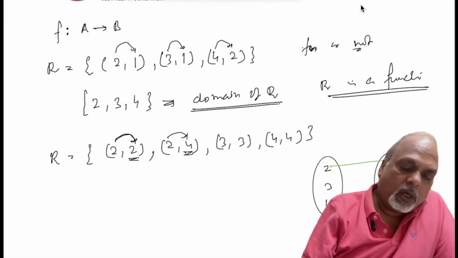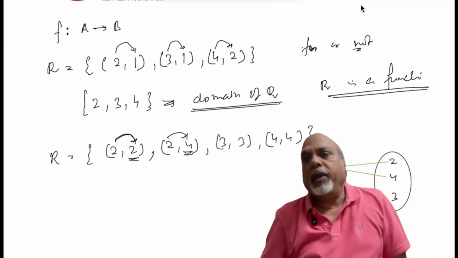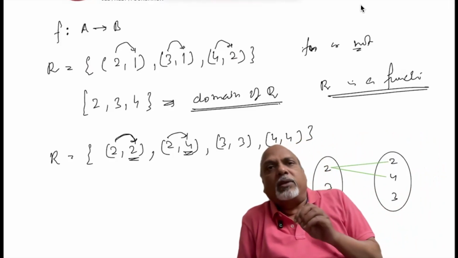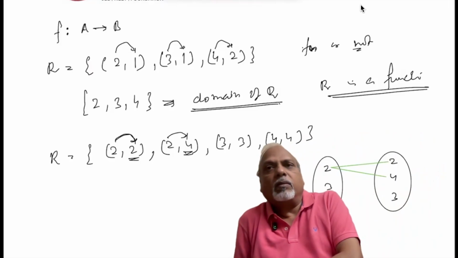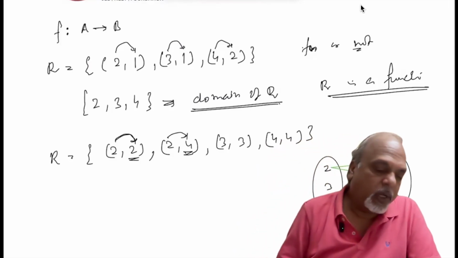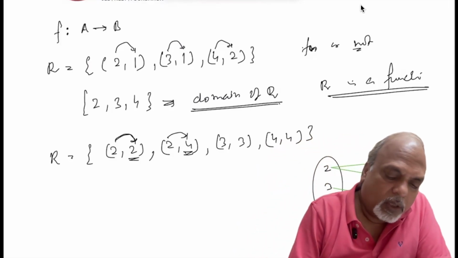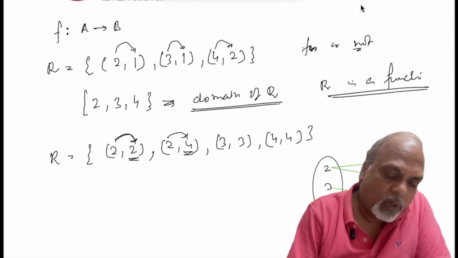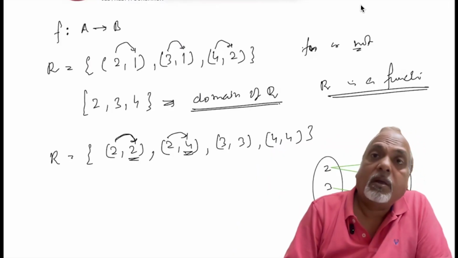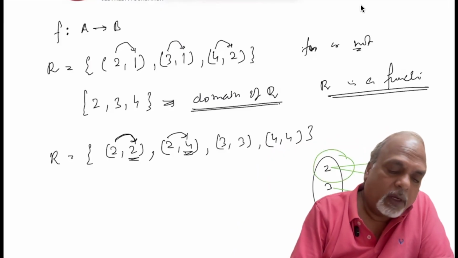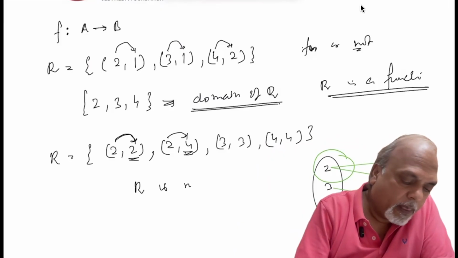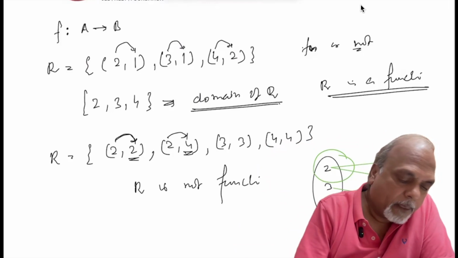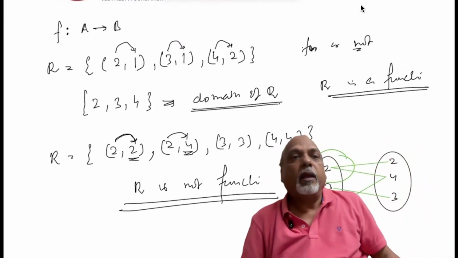Your 2 has got an image and you have got 2, 4 also. Means in the codomain, it does not have a unique image. It has got 2 different images. 3 is having a unique image and 4 is also having a unique image. But because 2 is having 2 images, that's why R is not a function.